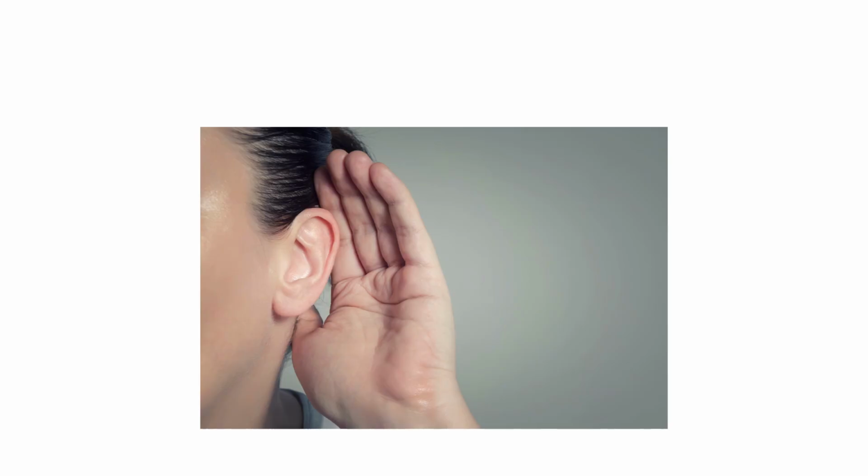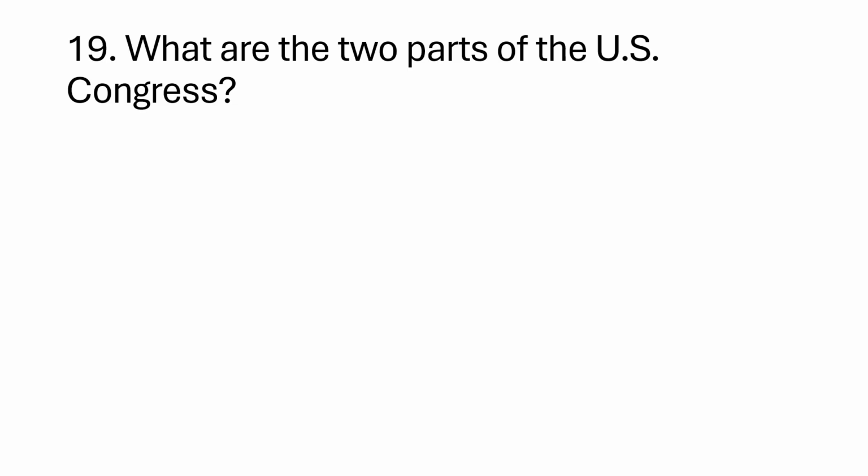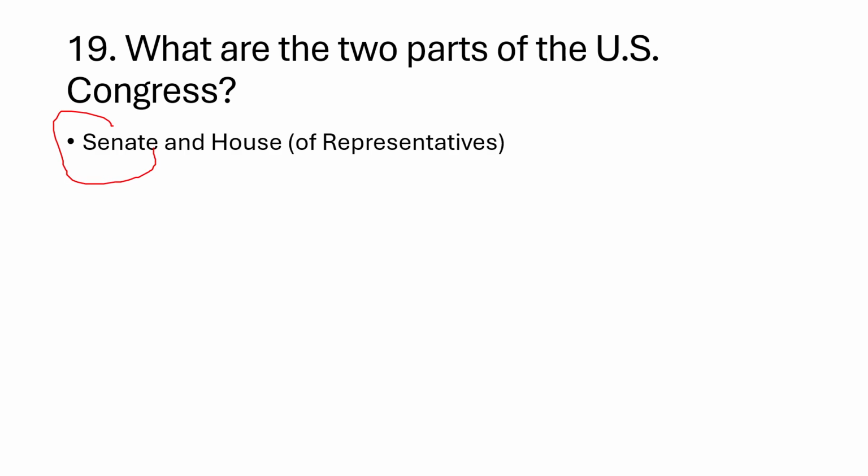Next question. What are the two parts of Congress? Say it if you know. We mentioned it a few minutes ago when we were looking at the illustration at the beginning of this section. What are the two parts of Congress? We have the Senate, and we have the House.